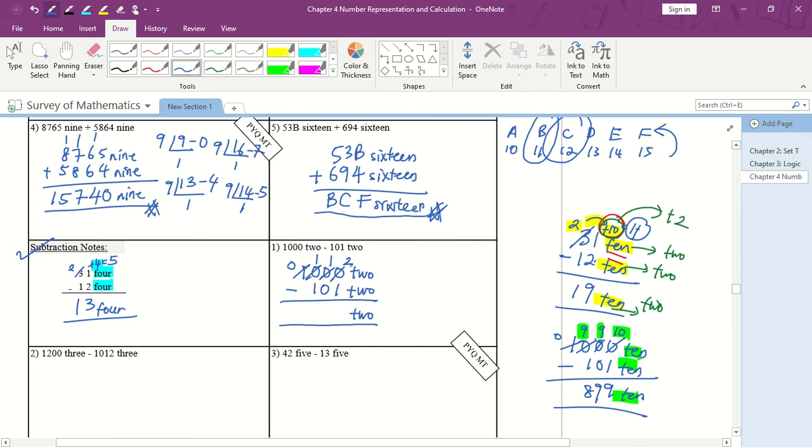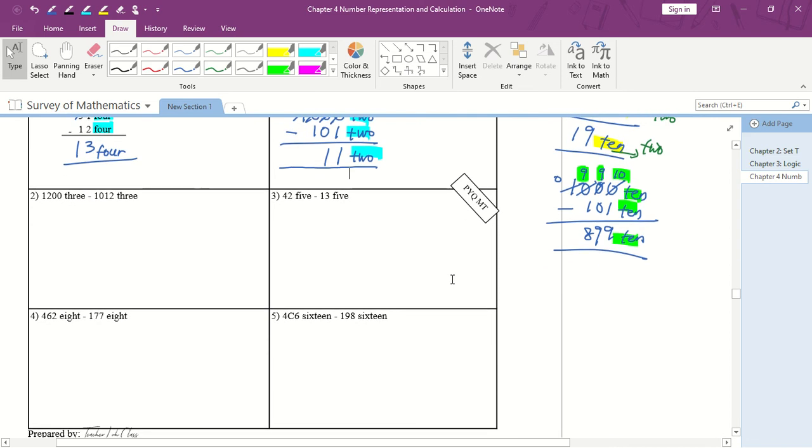So 2 minus 1 becomes 1, 1 minus 0 becomes 1, 1 minus 1 is equal to 0. And 0 minus nothing is nothing, and here will be 11 base 2. So look at here, compare 1 1 2 2 2 2 with 9 9 10 10 10 10. Basically it is the same concept that we always did in base 10, but this is a different base.